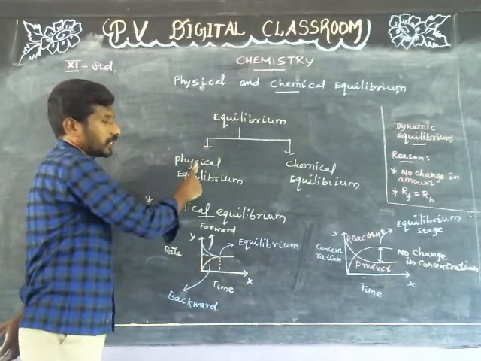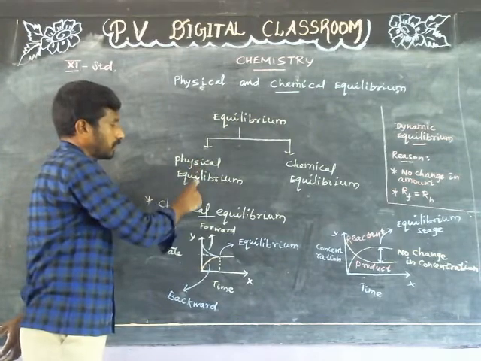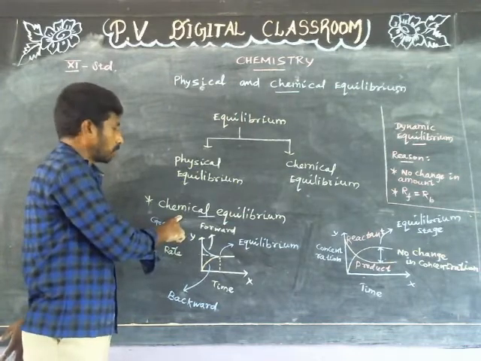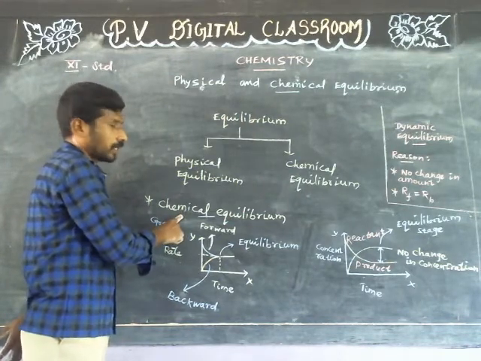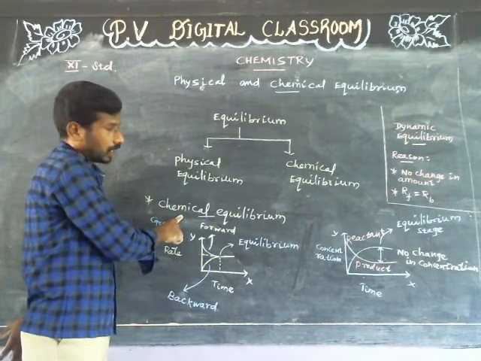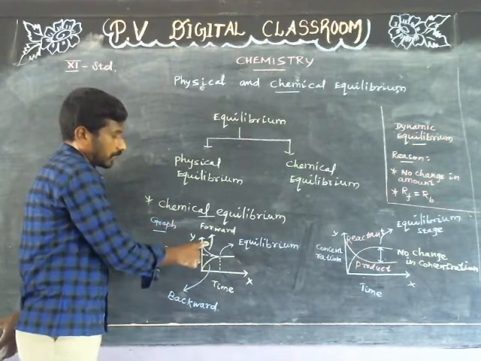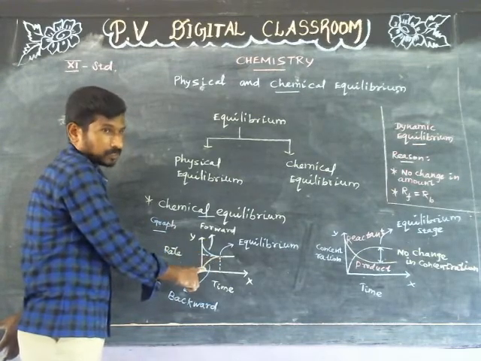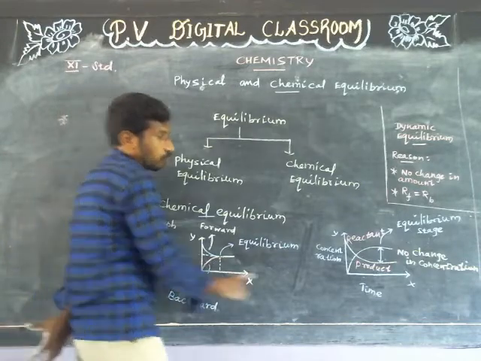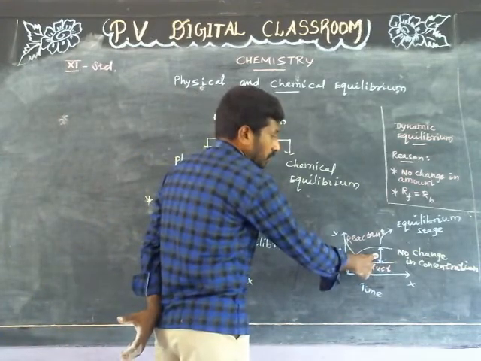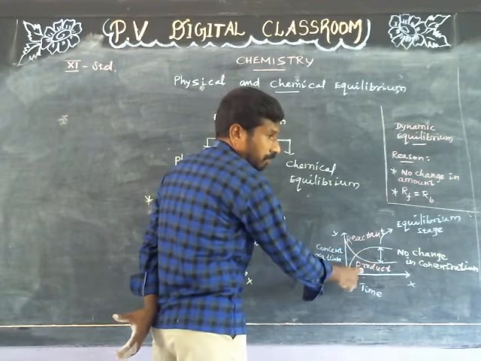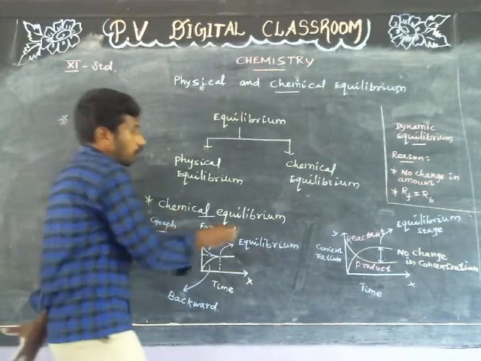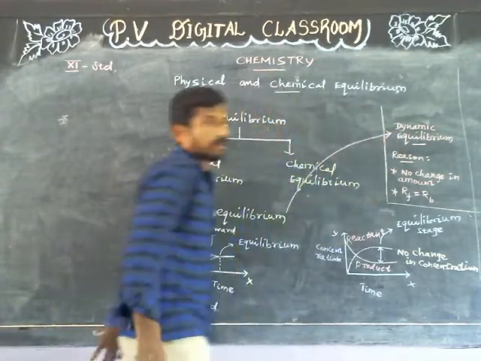Equilibrium is classified into two types. They are physical equilibrium and chemical equilibrium. At first, let us see chemical equilibrium. Chemical equilibrium is a state in which the rate of the forward reaction equals the rate of the backward reaction. In other words, there is no net change in the concentration of the reactant and product molecules. Chemical equilibrium is also called dynamic equilibrium.